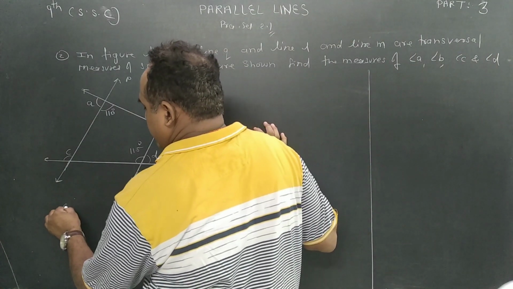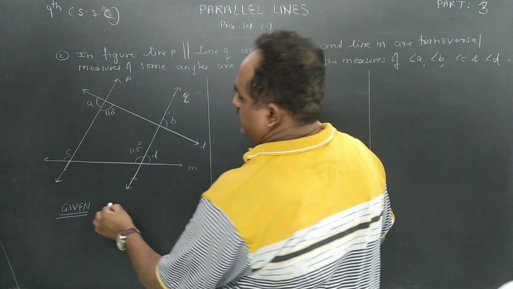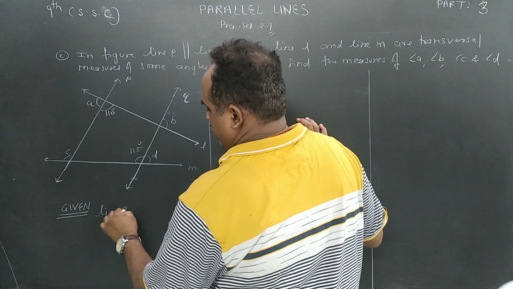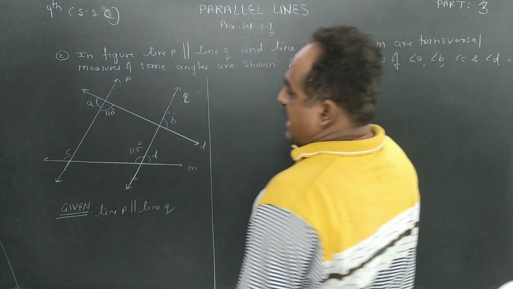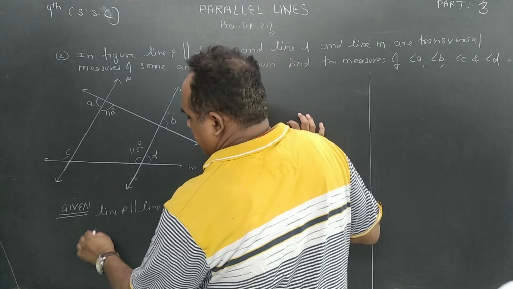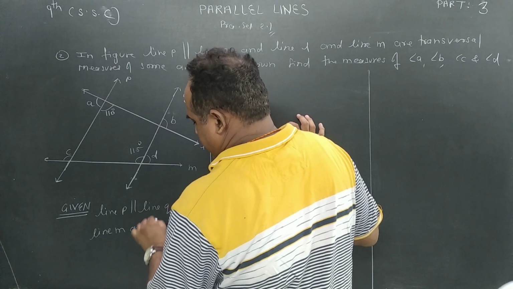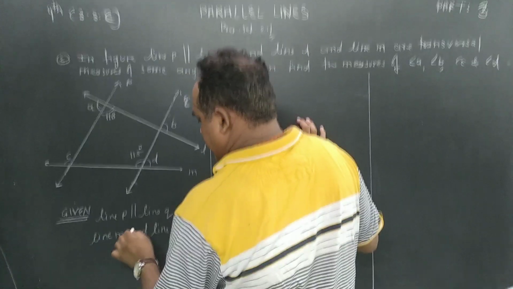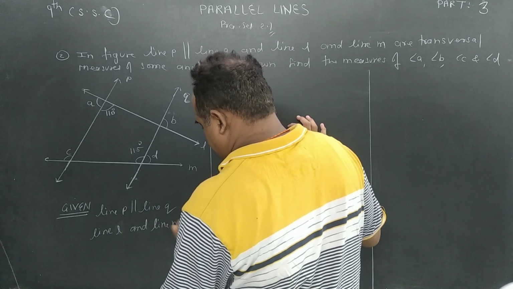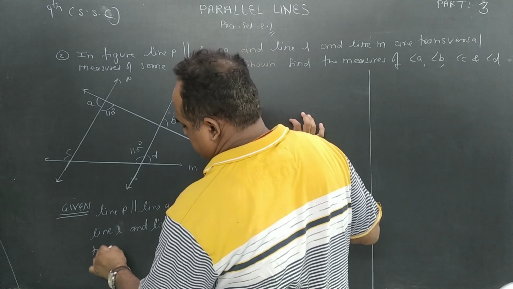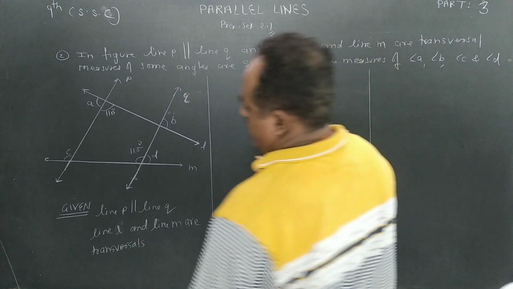So we are going to write first the given. What is given to you? Line P is parallel to line Q, and line L and line M are transversals, and we have to find.